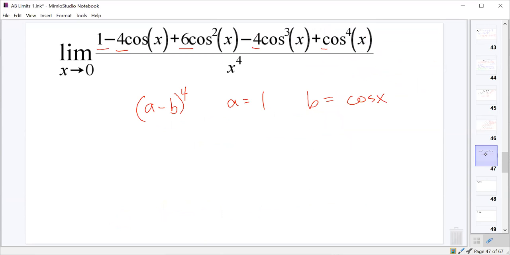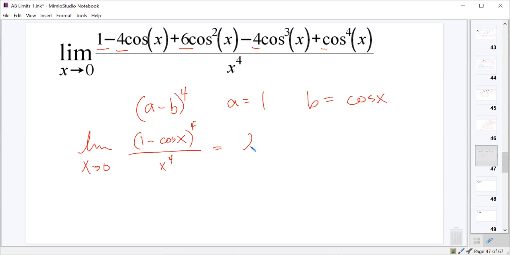All right, cool. So we should be able to rewrite this as the limit as x approaches 0 of 1 minus cosine x to the fourth over x to the fourth.